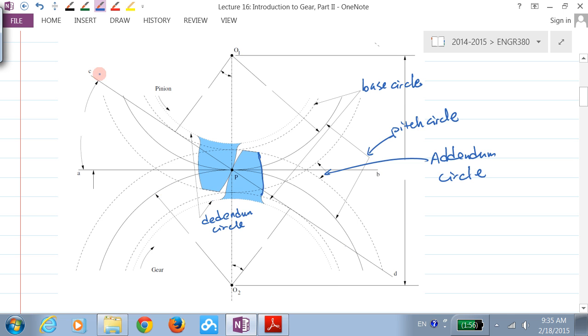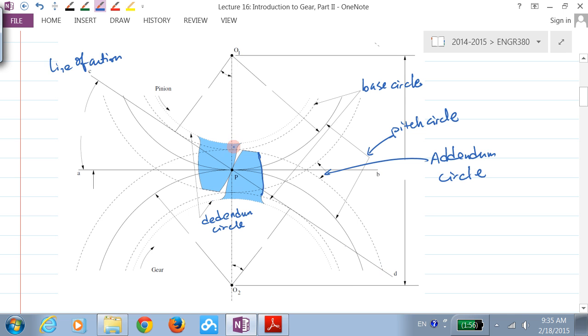And there is a line CD over here. That line CD is called the line of action. Essentially, this line is the action-reaction force direction.